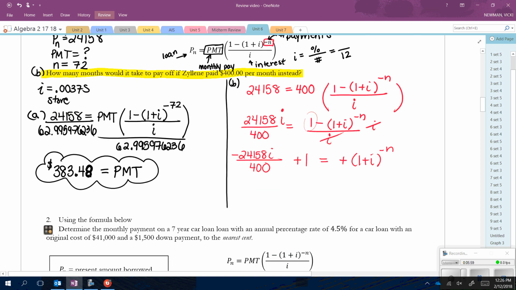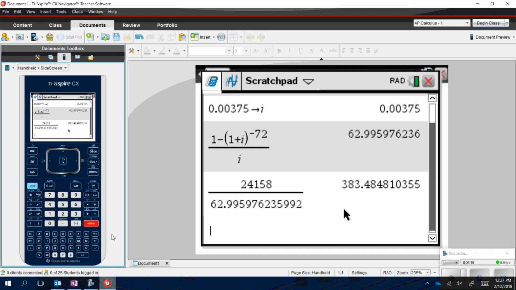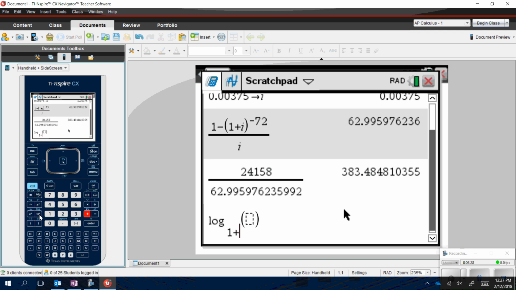And now I can change it to log form. So log, the base is 1 plus I, of the whole left-hand side is equal to negative n. Plus, minus there, so let's try this. So let's see, control log, oh, the wrong thing. 1 plus I is our base.